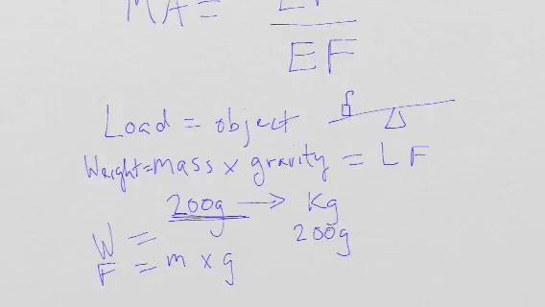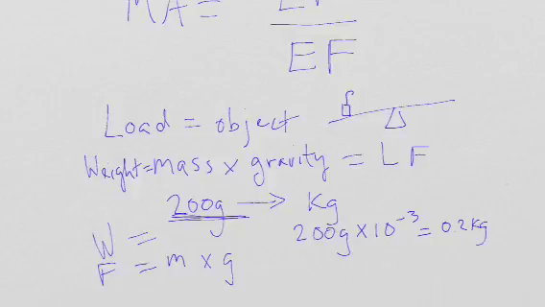That's 3 hops. So if we multiply this by 10 to the power of -3, right? Negative because we're going to the left, that's equal to 0.2 kilograms.